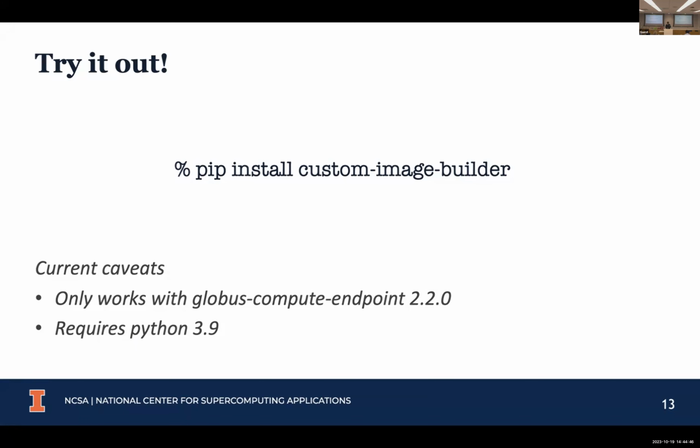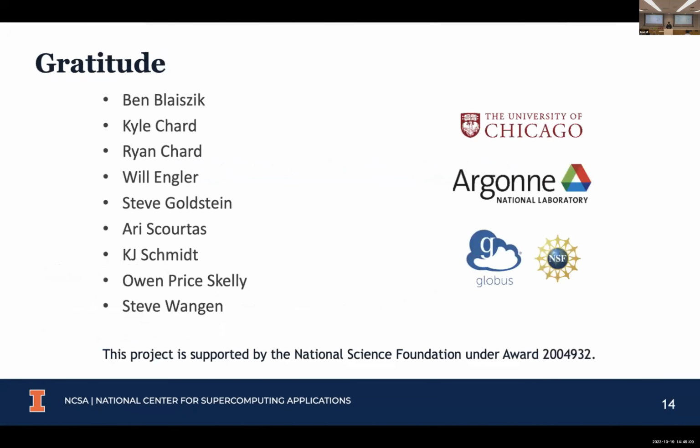So you'll have to use 2.2.0 of the endpoint until that bug is fixed. And that also has a 3.9 ridiculous dependency in there. But with that caveat, if you have a Globus Compute endpoint running somewhere that has Apptainer available, you can just pip install this on your client or on your laptop and run the example.